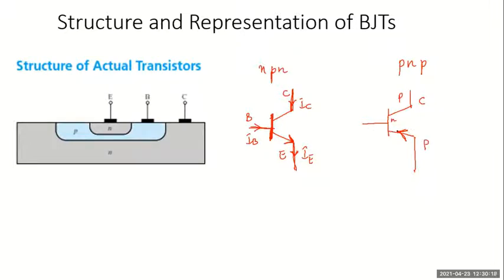What does this arrow mark indicate? Always I told you, it indicates the direction of flow of the largest current, that is the emitter current. So if IE is entering, naturally what should happen to IB and IC? Both should leave. Yes or no? IB and IC should leave.